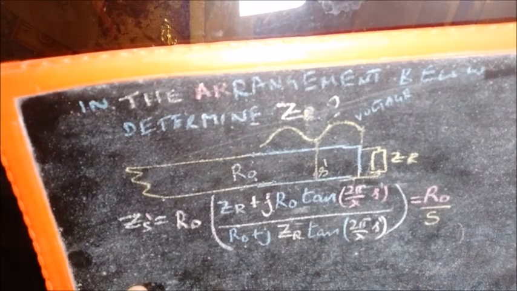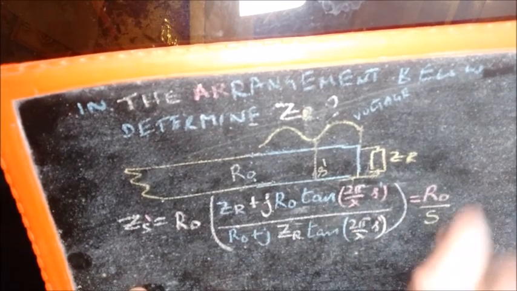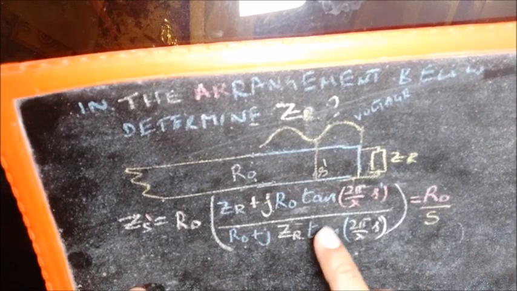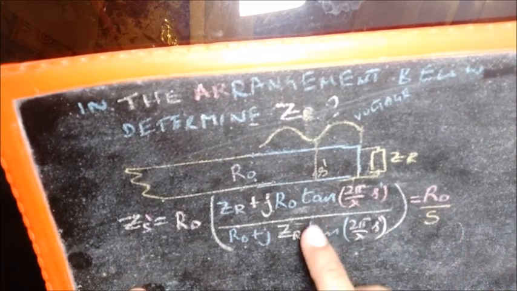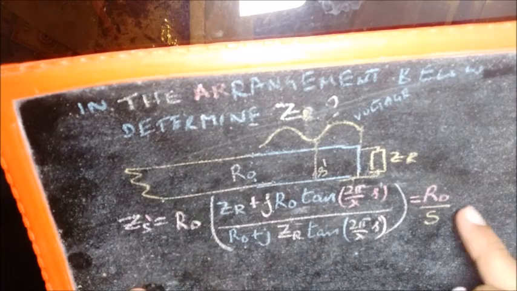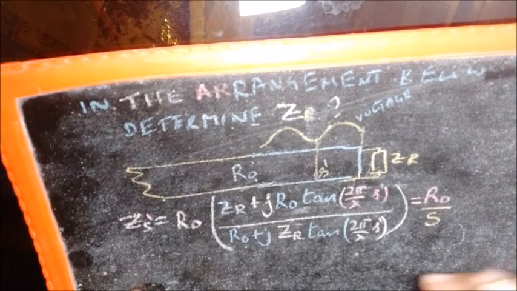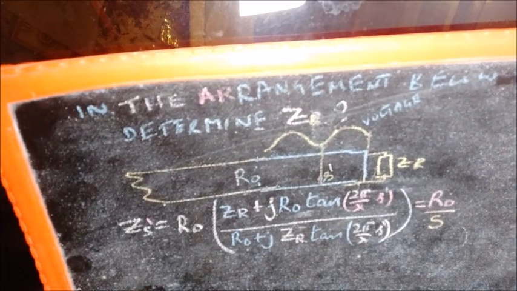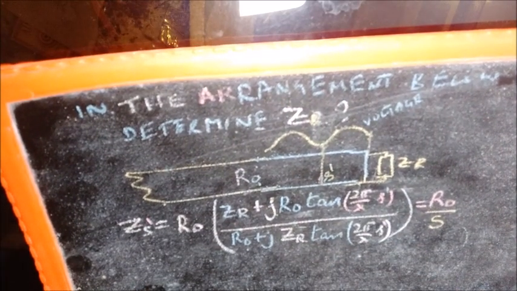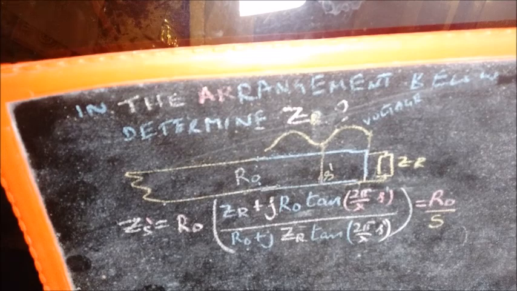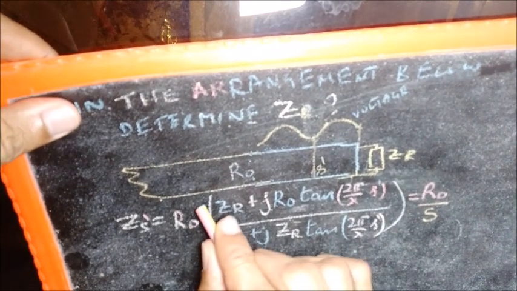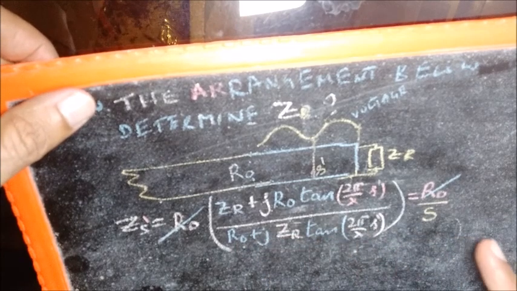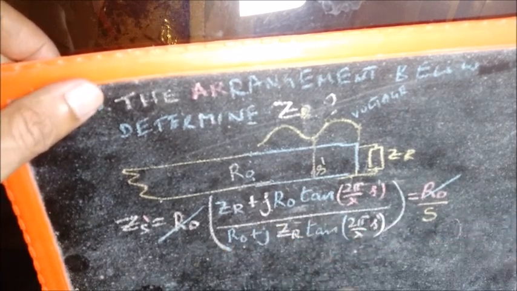So if you can now rearrange the terms here, this is equal to this, because ZS dash is R naught by S, as we discussed earlier, because that is the point where you have voltage minimum, E min. So E min by I max was giving us R naught by S. With this knowledge, R0 gets cancelled, and you just have to rearrange these terms to find out what is ZR, which you can do.